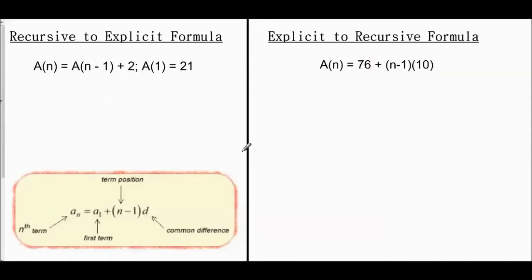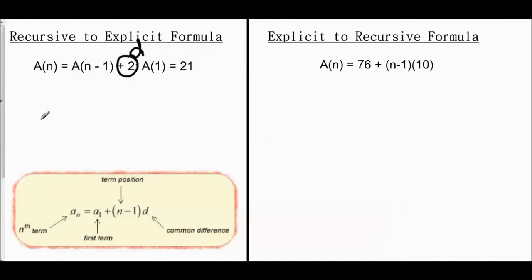Okay, now let's see about converting between the two. You start with the recursive formula and you want to change it to explicit. Here is our cheat sheet of what the explicit formula looks like, which you have in your notes. In the recursive formula, the key parts are that 2, which is your common difference, D, and 21, which is your first term, a of 1.